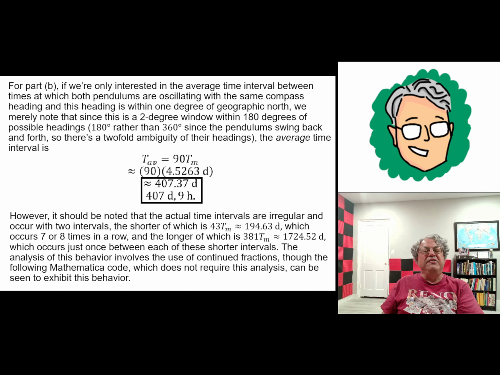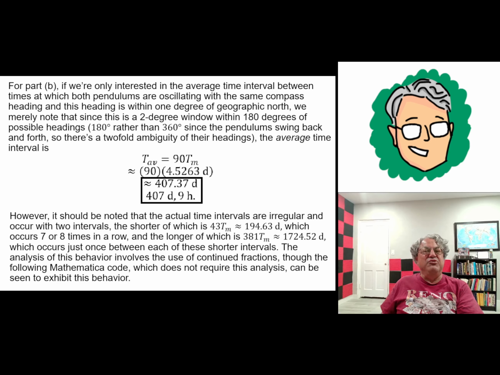If we just multiply our answer for the previous problem by 180 over 2, which is 90, we should get the average time interval between when these two pendulums are at the same heading and both of those headings are within 1 degree of geographic north. That turns out to be about 407.37 days, or more conventionally, 407 days, 9 hours. A little over a year, about a year and a month and a half. So you have to wait a while before they're both pointing north.